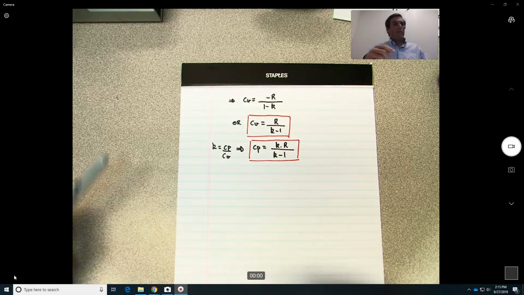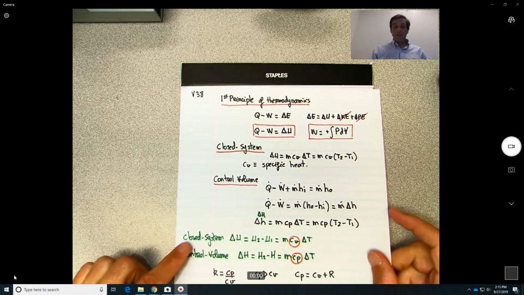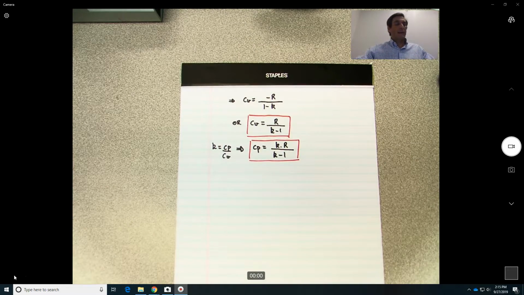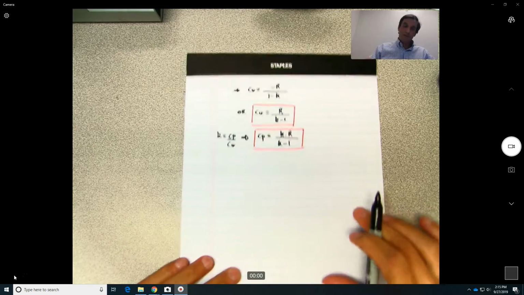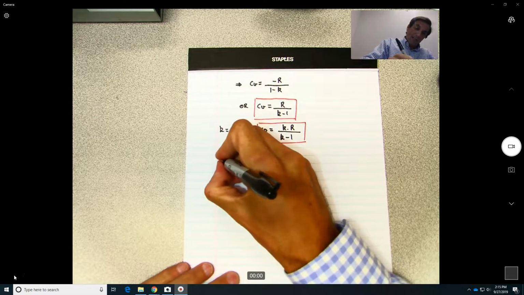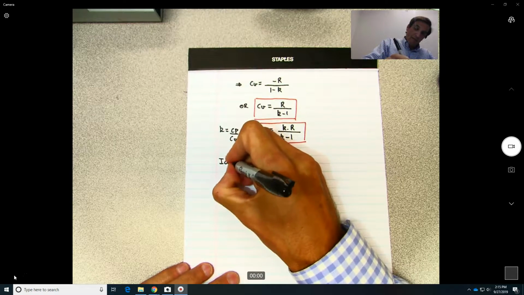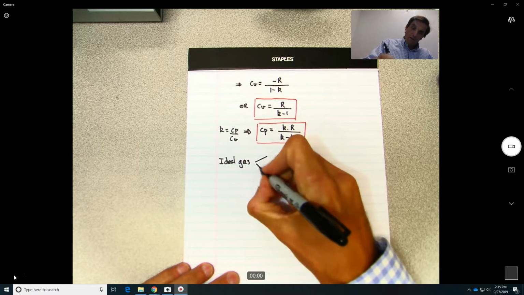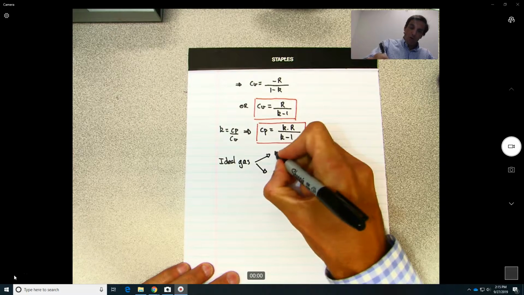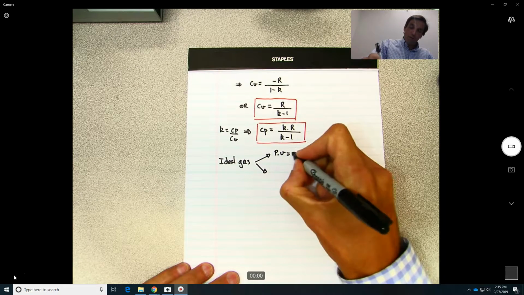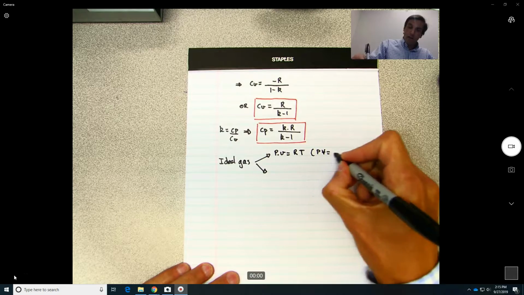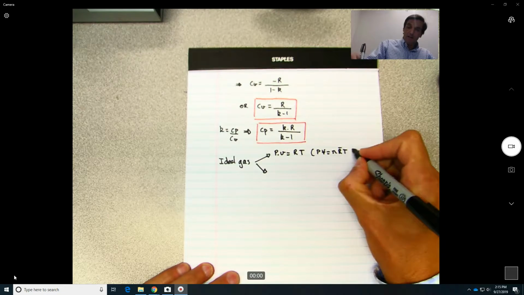Okay, so before I mentioned that these relations will be true for an ideal gas, but I like to extend it to an ideal substance. So let me try to define ideal gas or ideal substance. What we know about the ideal gas is, first, it will always obey the relation PV equal RT, or PV equal nRT.